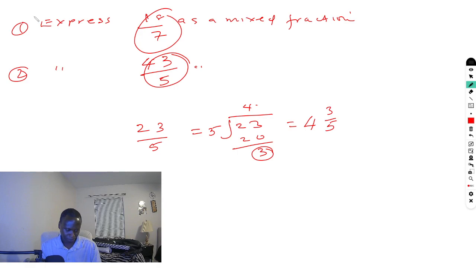Okay, so let's do another big concept, reducing. Okay, this is a big concept. Reducing is something big. If you have a big fraction, what you need to do is make it to the simplest term possible.